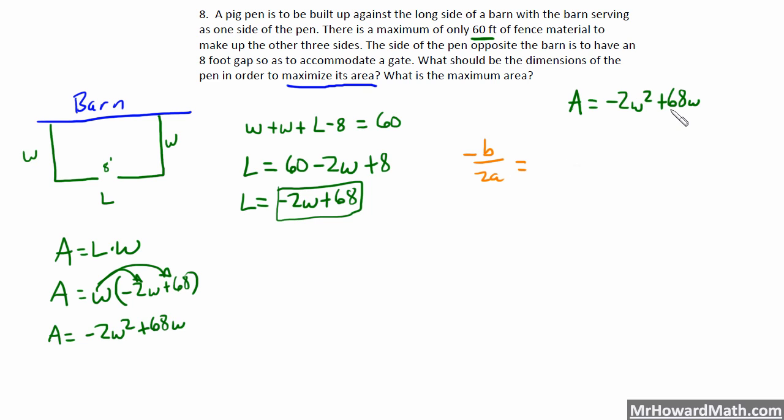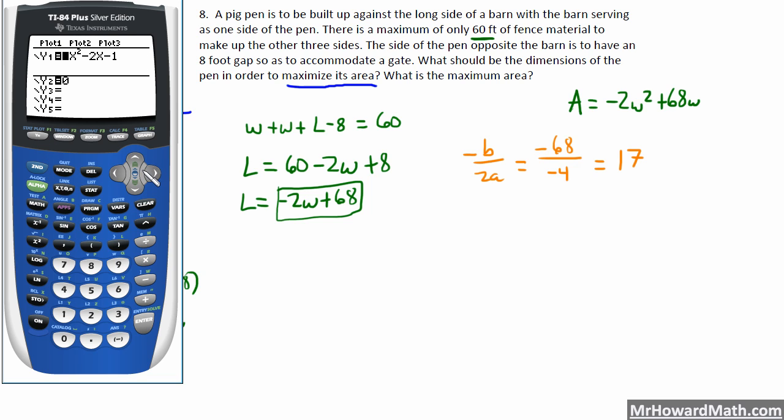So negative B is going to be negative of this number, so negative 68. 2 times our A value, which is negative 2, is negative 4. So that would be positive 17, right? So the x coordinate of our vertex is 17.